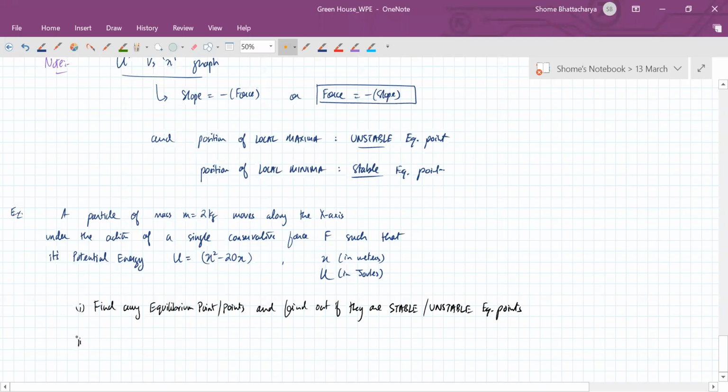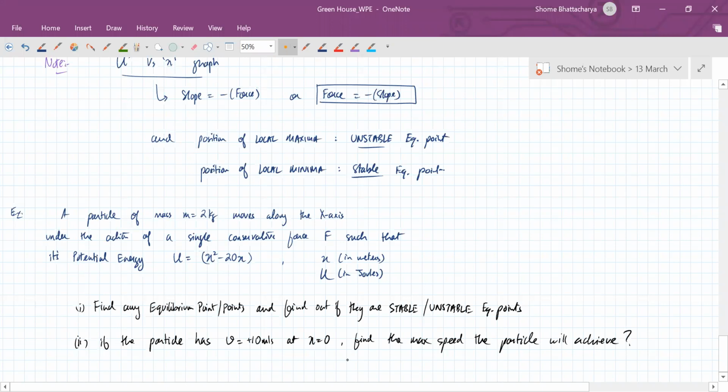Secondly, if the particle has V equal to this at x equal to 0, then find the maximum speed the particle will achieve.